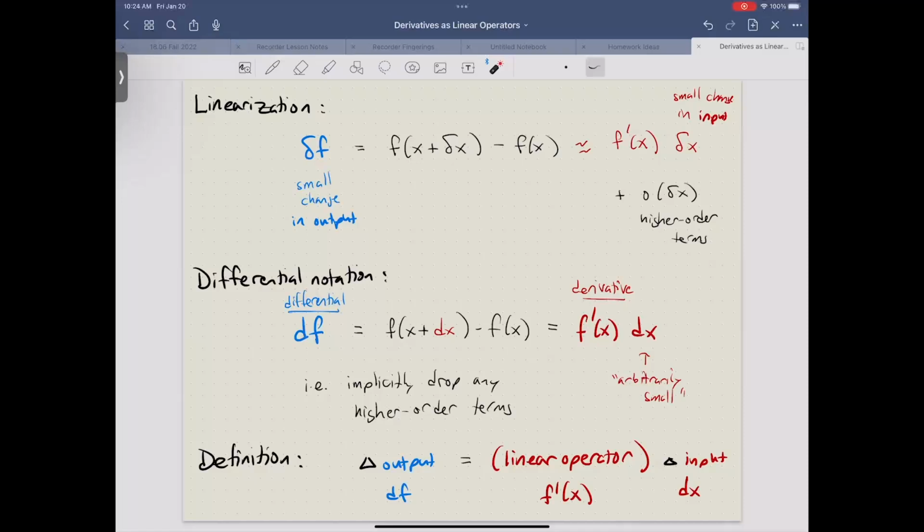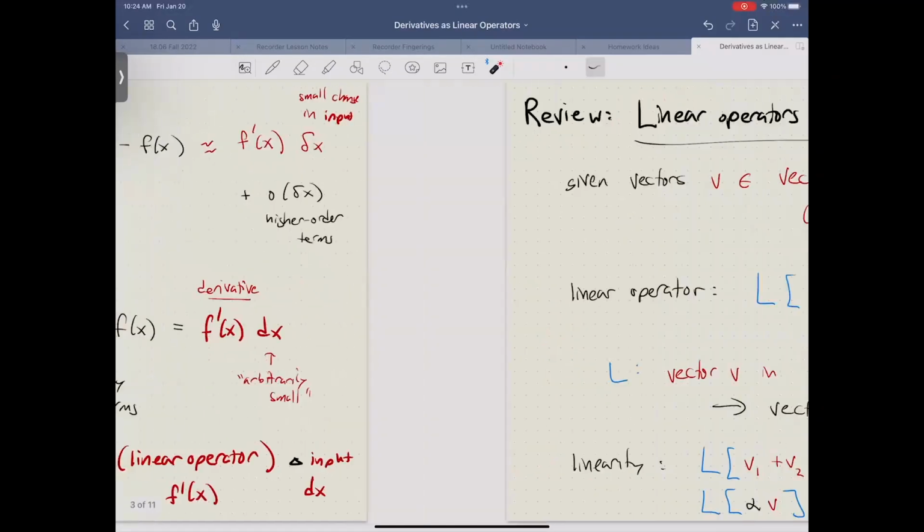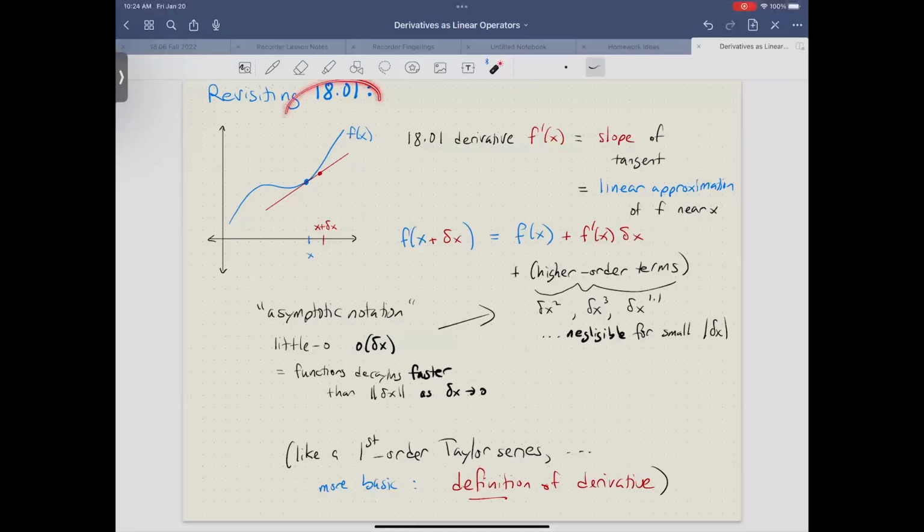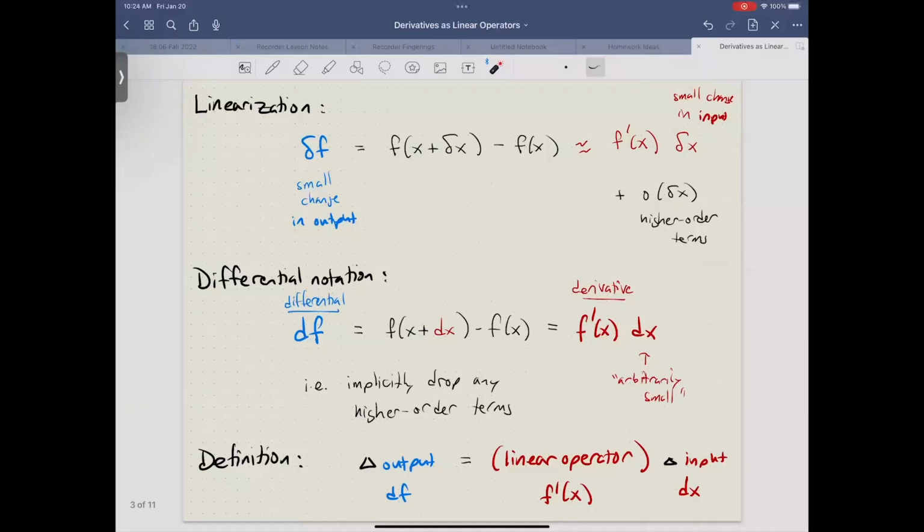And so the definition of the derivative f prime is the linear operator acting on dx, the change in the input, that gives you the change in the output. That's equivalent to the 1801 definition of a derivative. If f is a scalar function, a linear operator is just a number, the slope, that multiplies the change in x to give you the change in y.